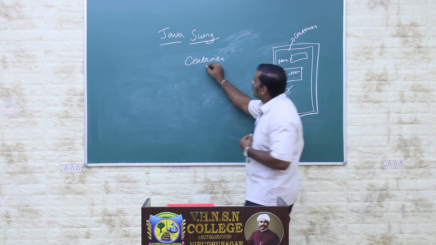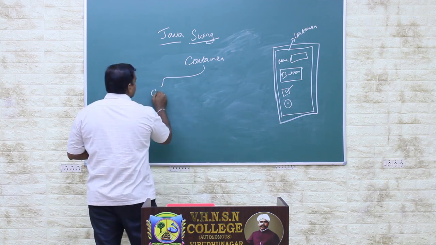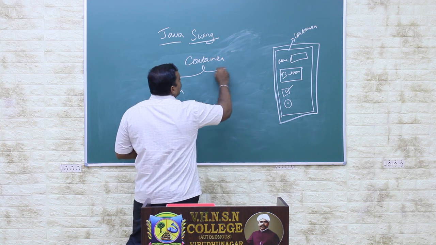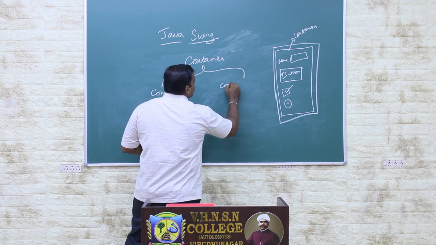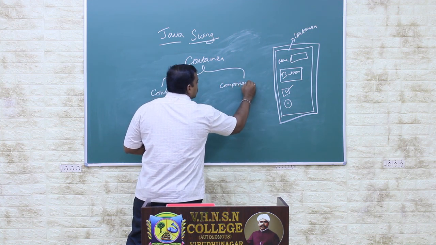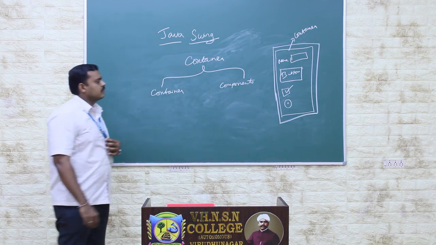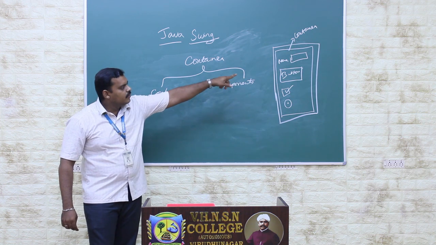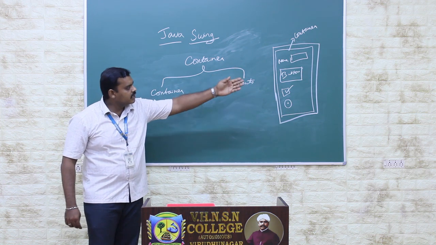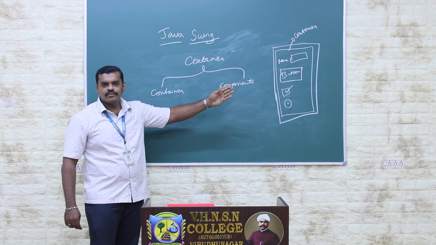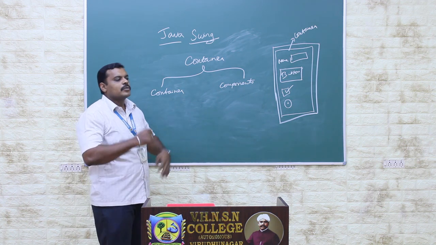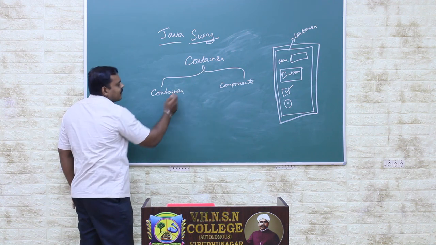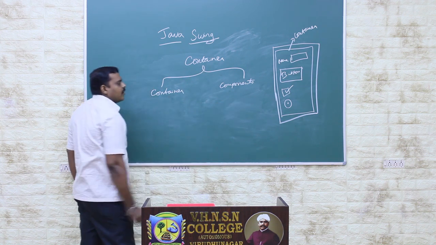So a container may hold another container or the components. The components I mentioned may be a label, text box, button, checkbox, radio group, or some other selective components. So inside the container we have a container and a component.